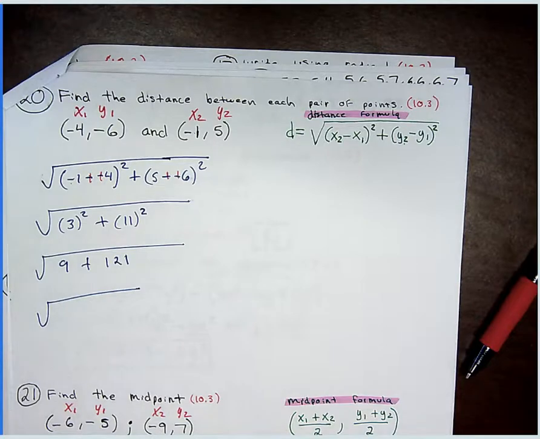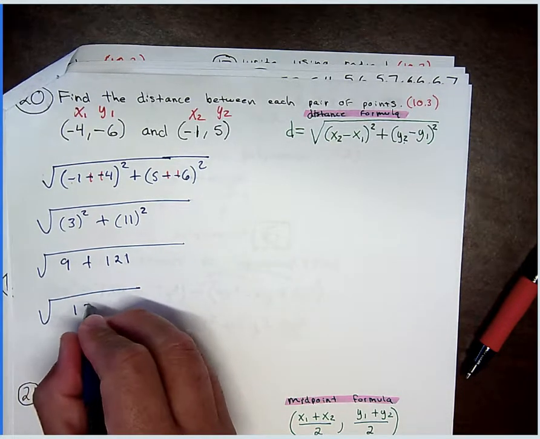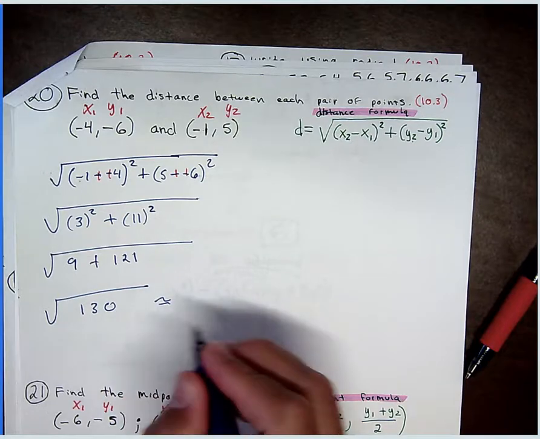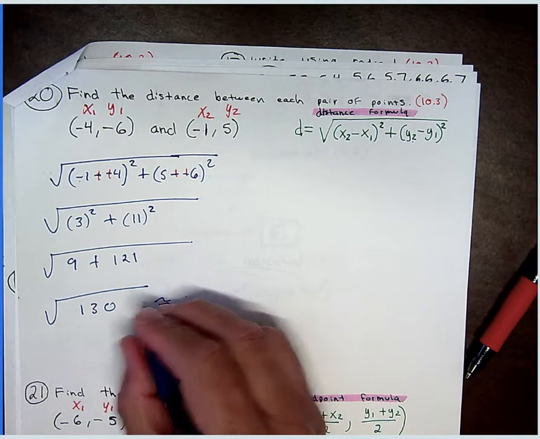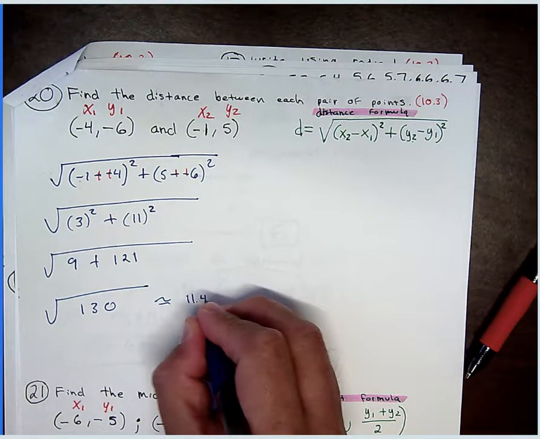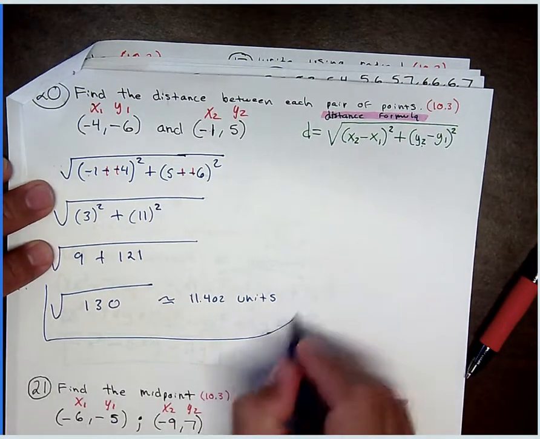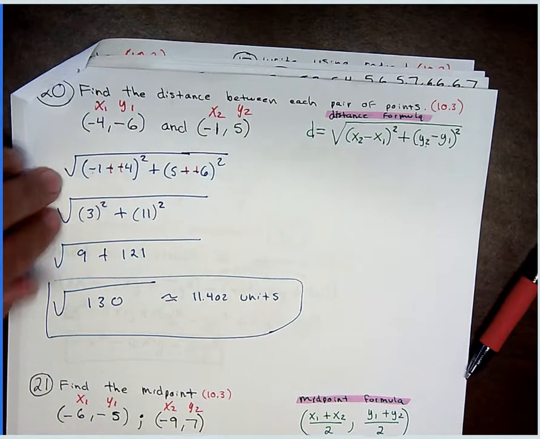So this gives you 130. So for this one, you have to approximate, and if you do the square root of 130, it gives you 11.42 units. So you're gonna use a calculator for that.